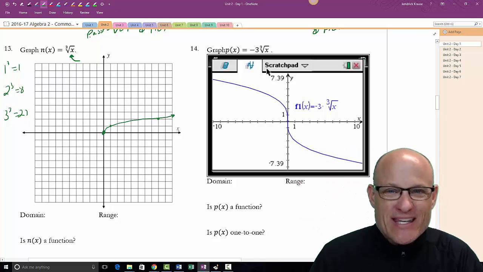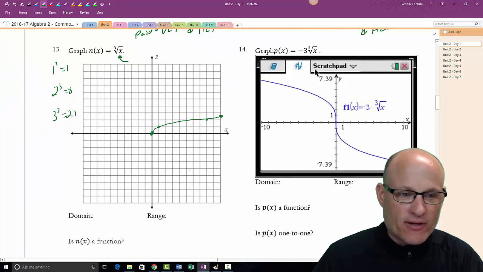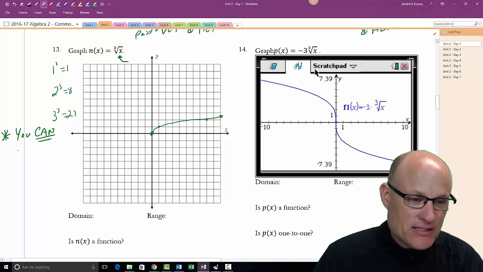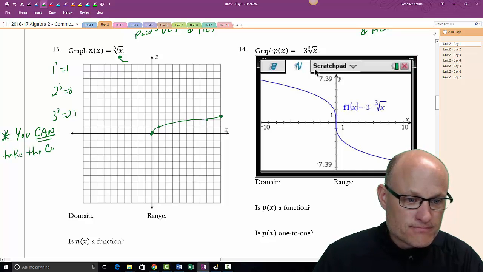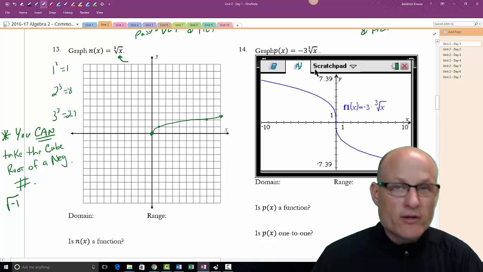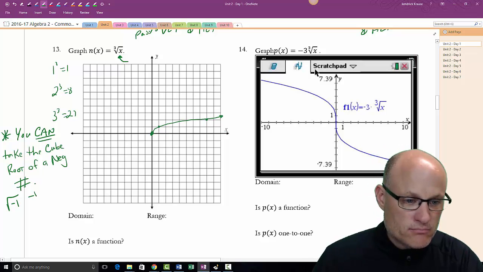Now, here's why. Make sure you understand this. Put this in a note somewhere. You can take the cube root of a negative number. For example, what's the cube root of negative 1? Negative 1 times negative 1 times negative 1. Oh, that's negative 1.